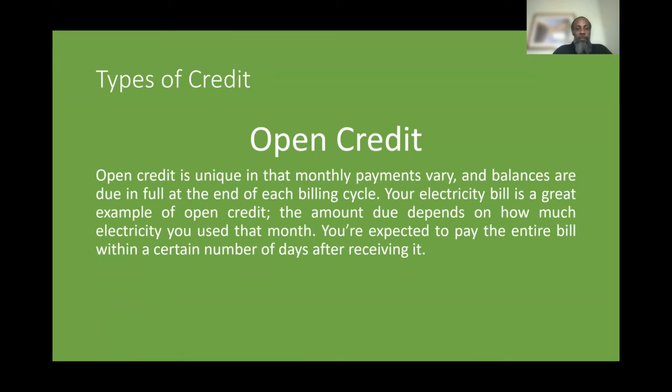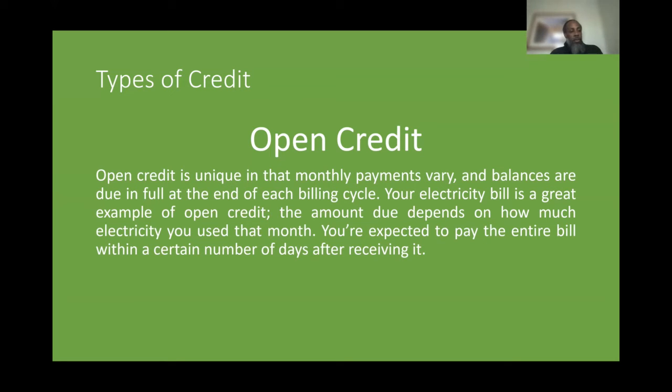That's the second type. And the third type is open credit. Open credit is unique in that monthly payments vary and balances are due in full at the end of each billing cycle, right? Now, I'm going to tell you something. I would say the American Express card is more like an open credit line, right?